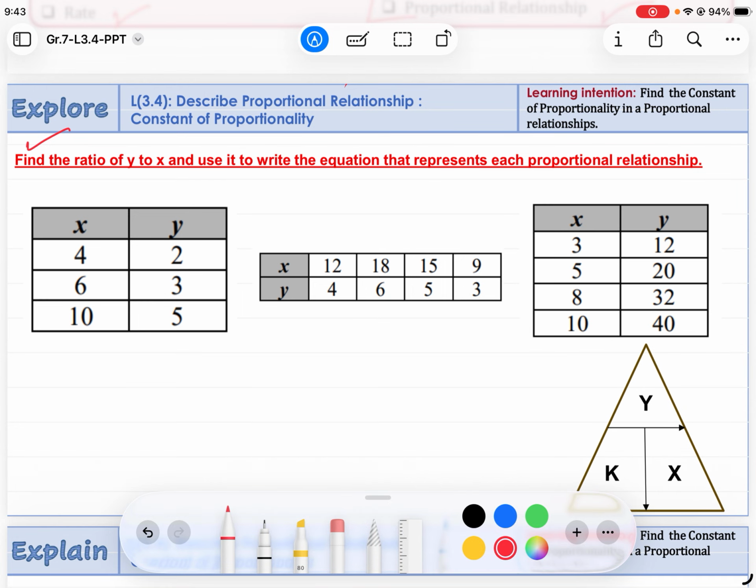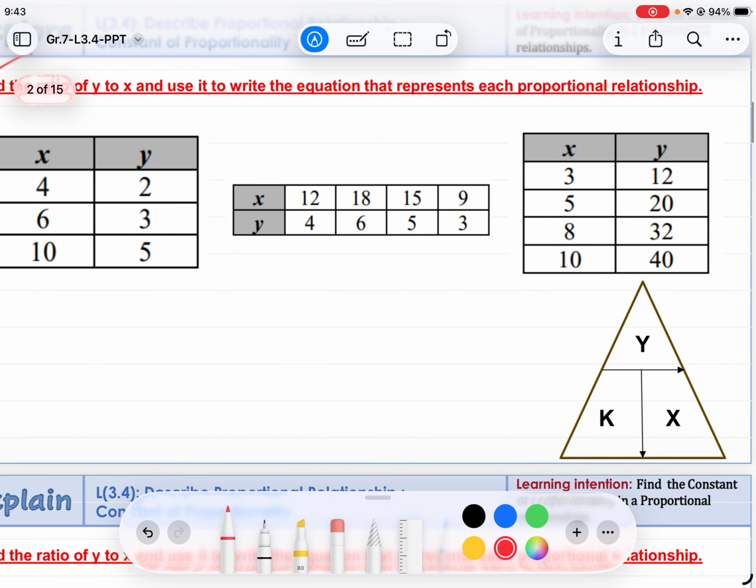So here is the triangle that will help us memorize the two equations that we need in this lesson. It's better if you do not memorize the equation that represents how to find k and the equation that helps you find y. It's easier for you to use this triangle.